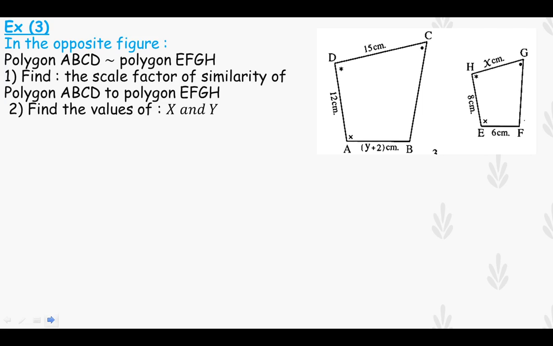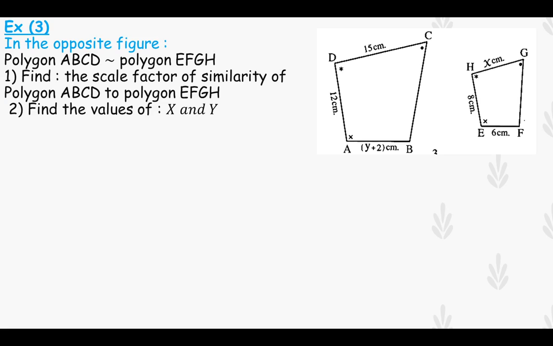Here is the problem in the opposite figure. Here we have that polygon ABCD is similar to polygon EFGH. Okay? Find the scale factor of similarity of polygon ABCD to polygon EFGH. Okay, find the values of x and y.